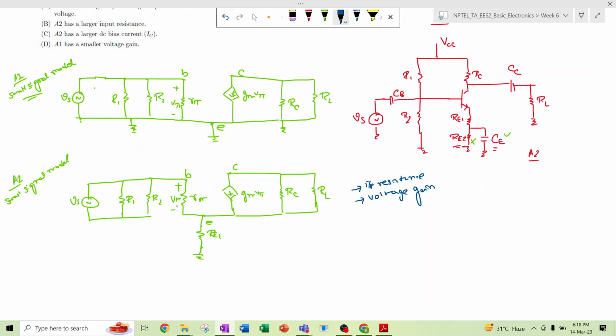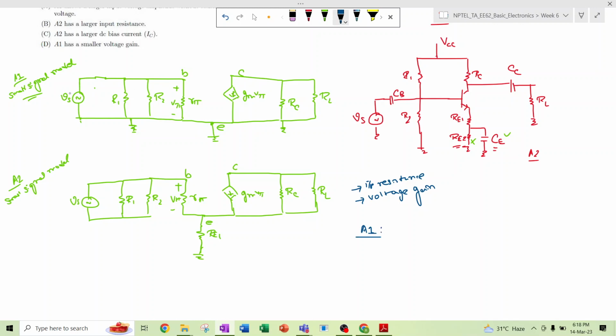If we consider the input resistance for model A1, how can we find it out?